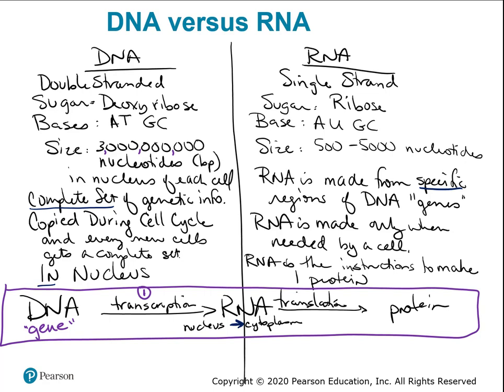That step is called translation. So transcription is the first step, where DNA is converted to RNA. It happens in the nucleus. Translation is the second step, where RNA is converted to proteins, and that happens in the cytoplasm.